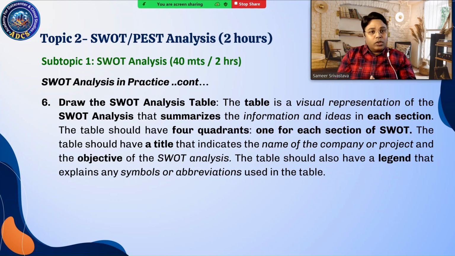SWOT analysis is also done when you are facing some problems, some challenges which you are not able to diagnose: why we are facing them, why you are losing market, why consumer is refraining from coming to us. At that juncture also you have to do the SWOT analysis, and that is a wonderful tool to understand what basically has changed, what external opportunities or threats we are not able to capitalize on, what threats we are not able to handle, or what strengths and weaknesses we are not able to harness to gain a competitive edge.